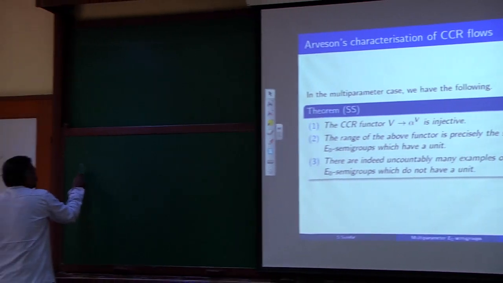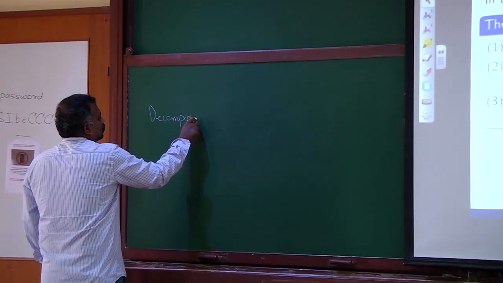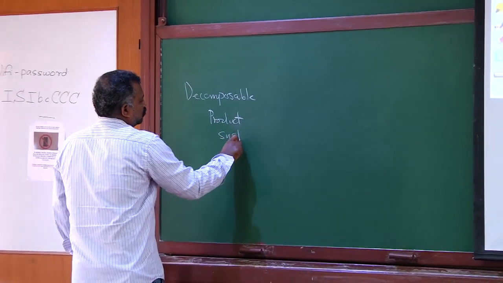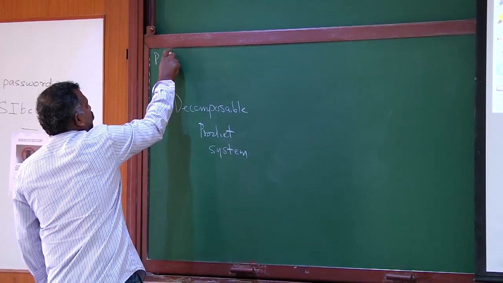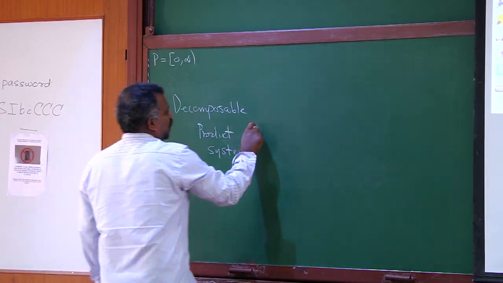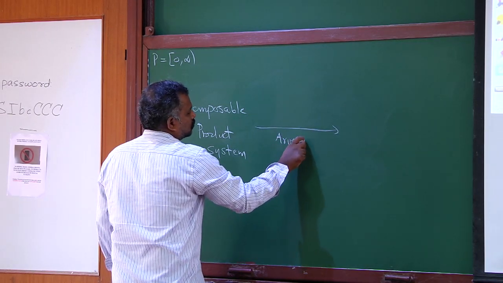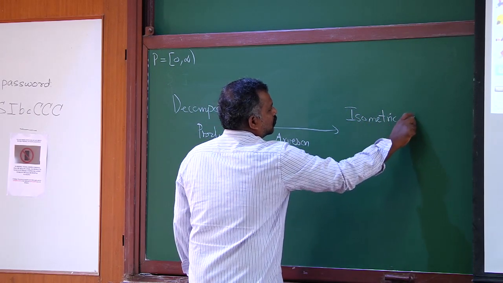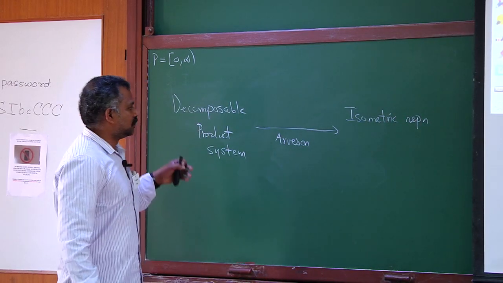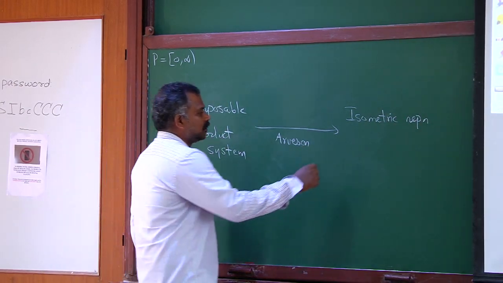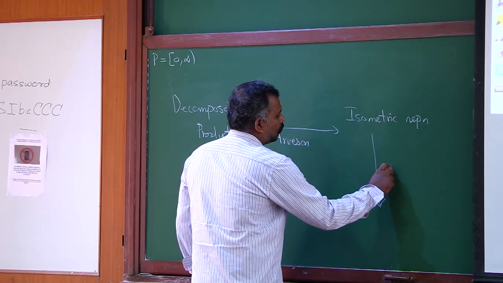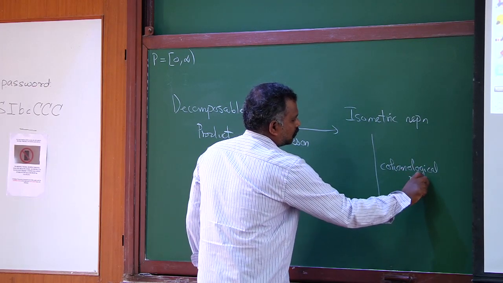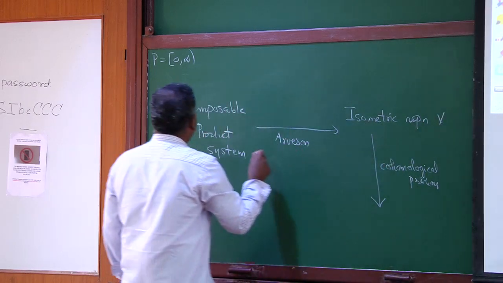From a decomposable product system, when P is 0 to infinity, Arveson constructs an isometric representation, and then he solves a lot of cohomological problems to show that the thing you started with is what you want.